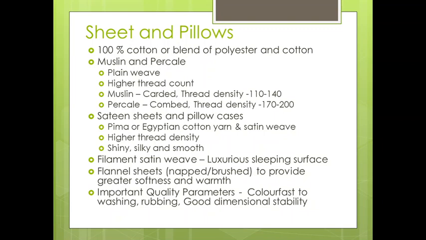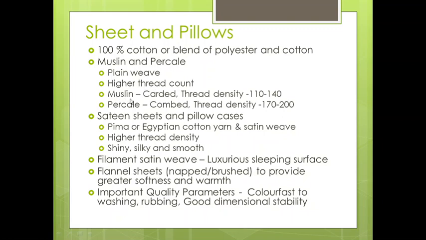Both are of plain weave, and both have higher thread density, and thread density means threads per square inch. That would only be possible if finer yarn count is used.